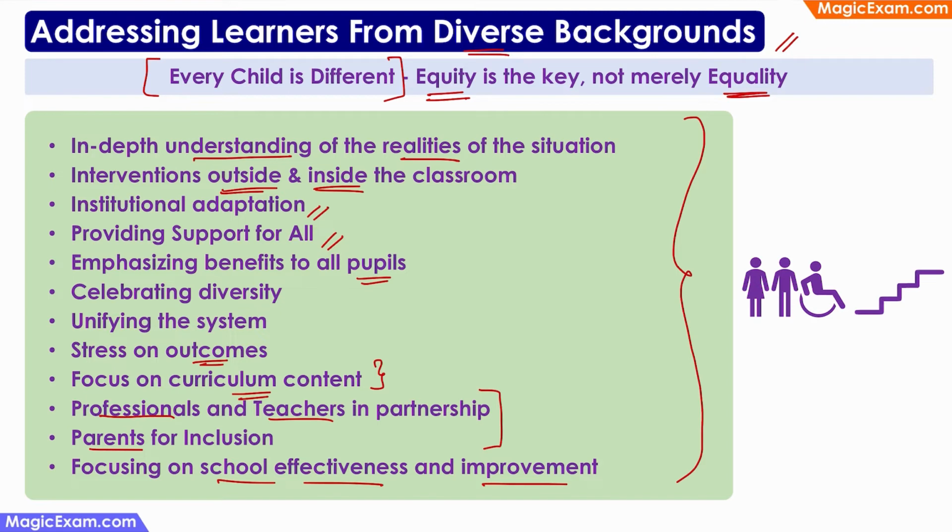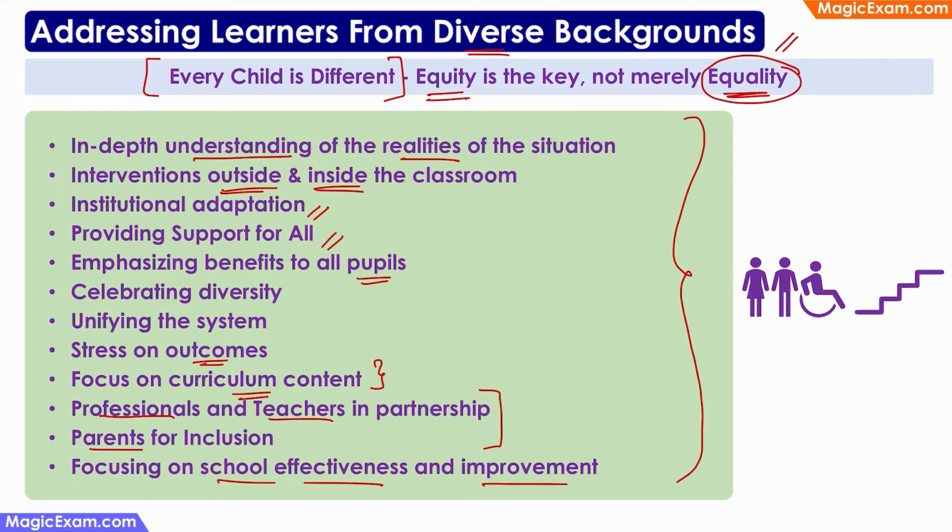For example, equality may mean that you are putting all the children in one classroom and teaching them in the same way. But some of the children may not understand what you are teaching because their basics or fundamentals are weak. They might need some extra attention.